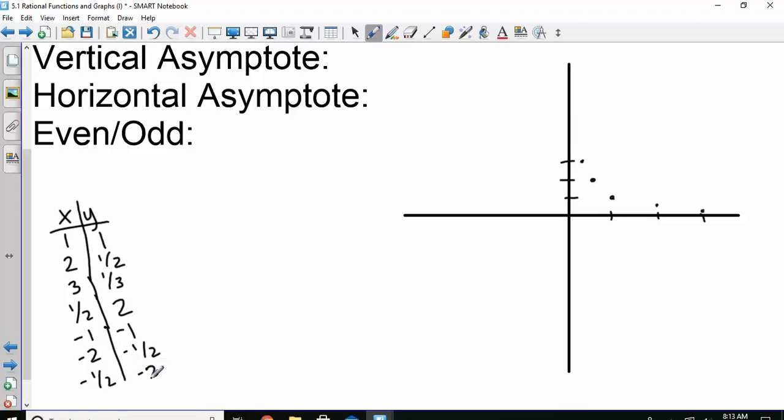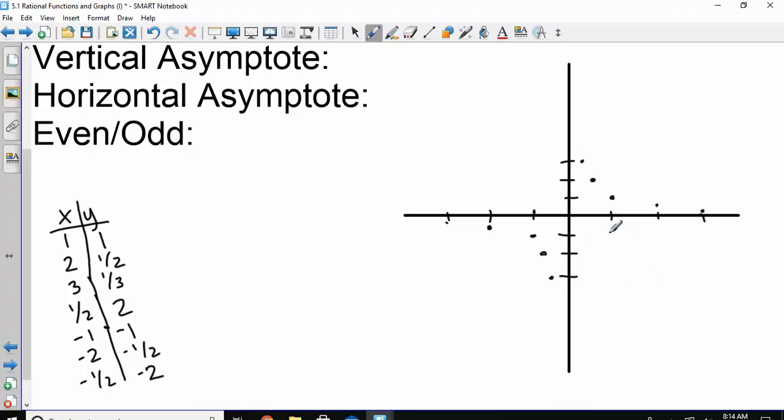Okay, so if I plot those, negative 1/2 gives you a negative 2. If you did a negative 1/3, you get a negative 3.